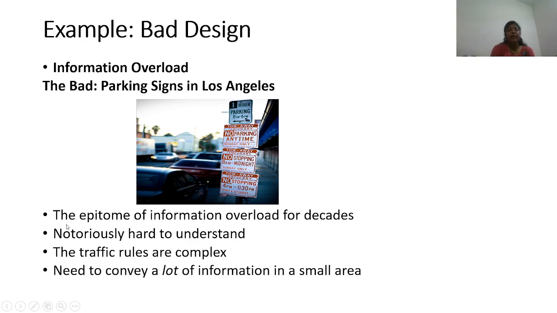It is notoriously hard to understand what each symbol is saying, and it has made the traffic rules complex. The person has to read each and every instruction, and then match whether it is the proper day and the proper timing to have parking available here.